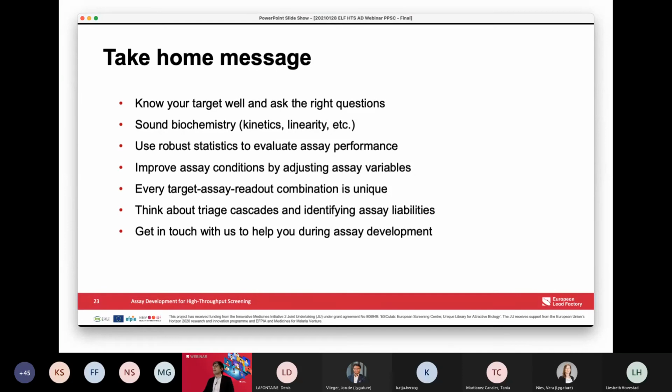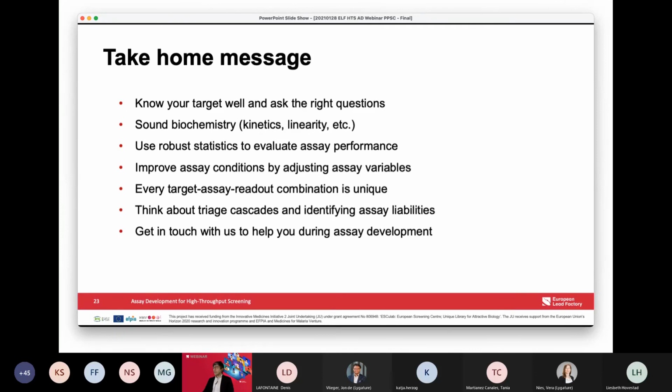You need to have a sound biochemistry, so look at kinetics, measure Km values or Kd values, make sure that the assay is linear, and also you're reading out your endpoint assay in the linear part of the kinetic curves of assays.